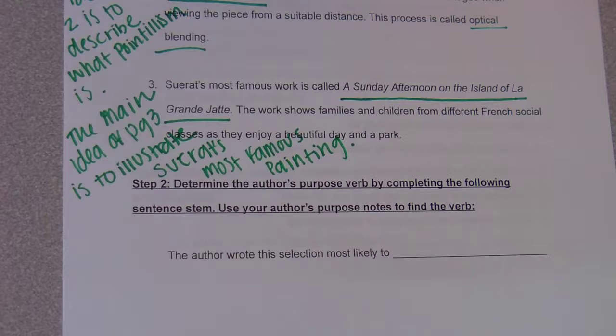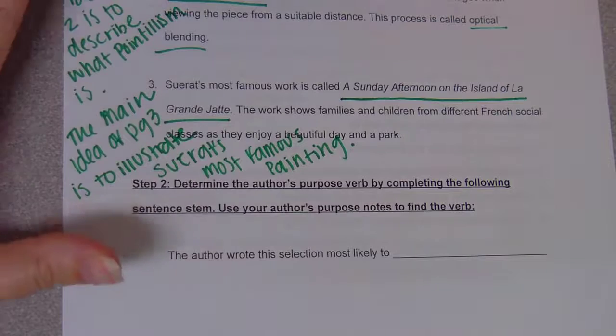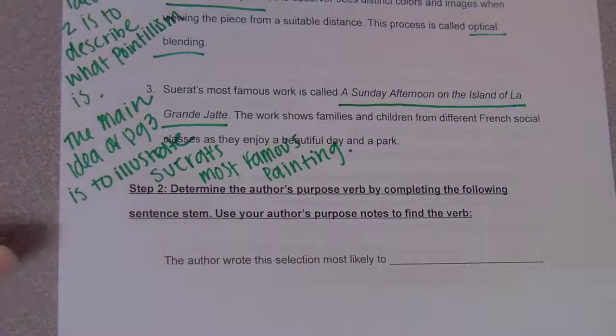If you need to pause and continue writing, please do so, but I am going to move on to step 2. After you cold read and chunk a text, you are able to understand what type of text this is. Like we said, this is talking about a real person who was a real painter. Because this text is real, I know that it's a nonfiction text.